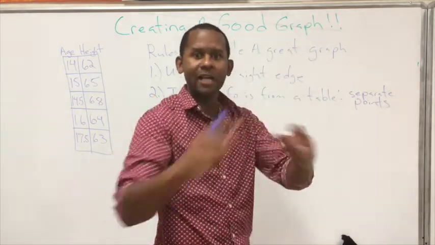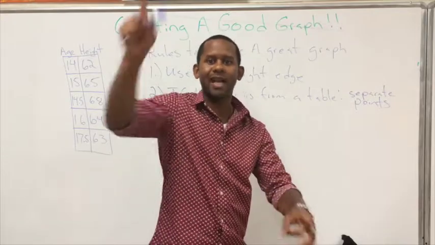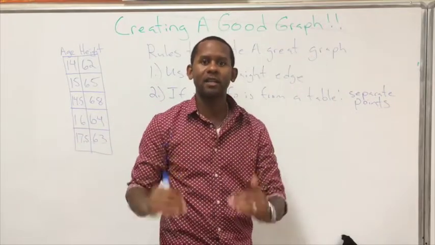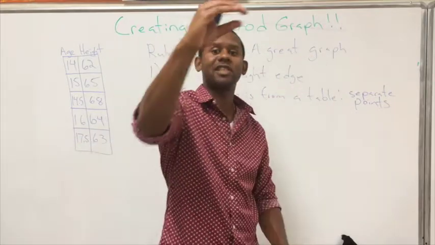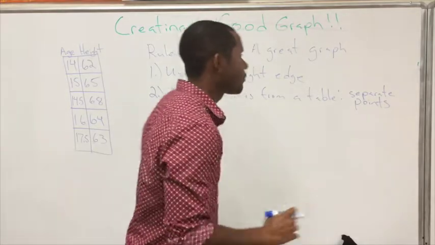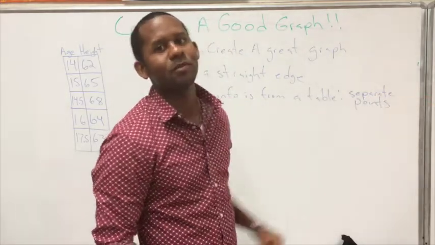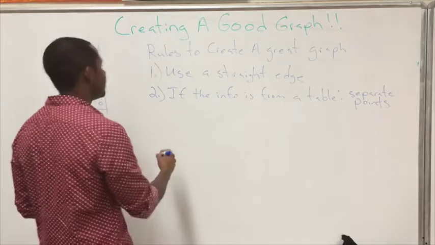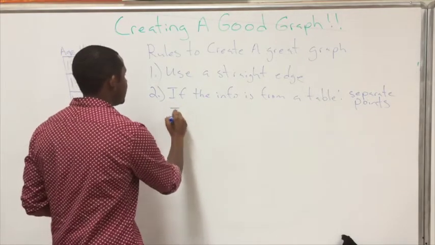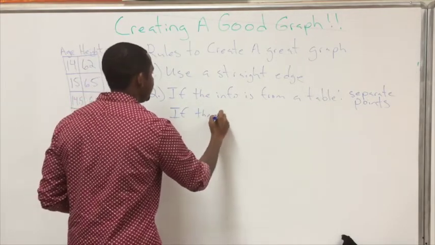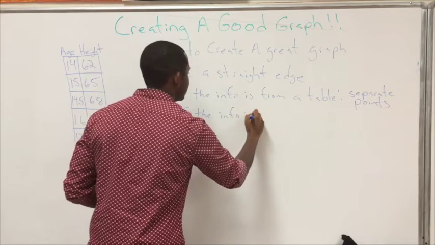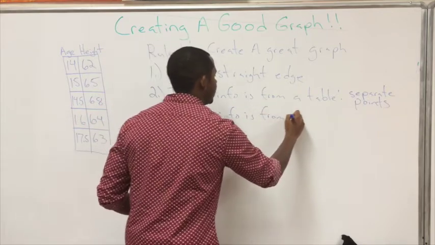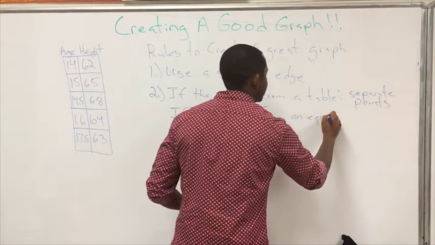In other words, you're not going to connect those points together, okay? It's just not random, but it's just separate information. It's isolated. Miss Reese put me on to that. It's isolated information. But if the info is from an equation, right?